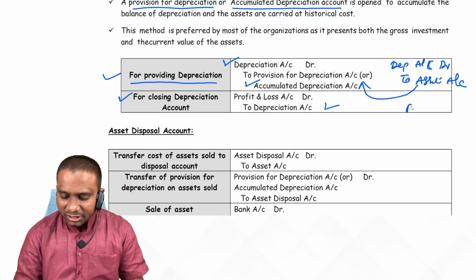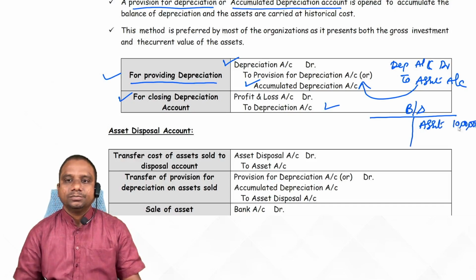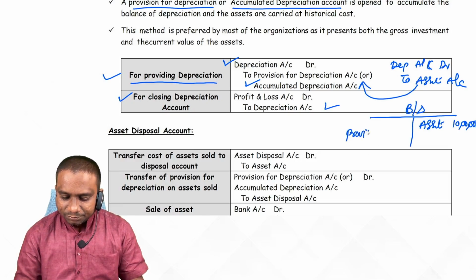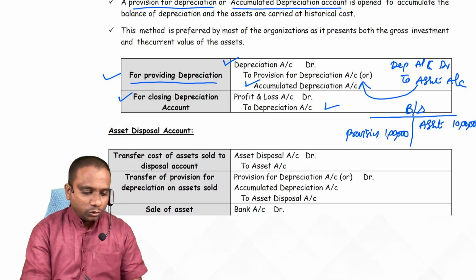Now, in the balance sheet, what is our presentation? Tell me. Here, the asset we show at its original cost. Let us take imaginary amounts: 10 lakhs, and on the other hand, we show provision for depreciation, let us say 1 lakh. Observe, students.